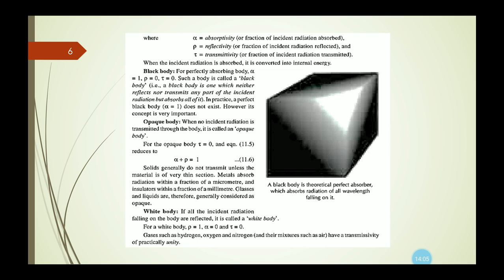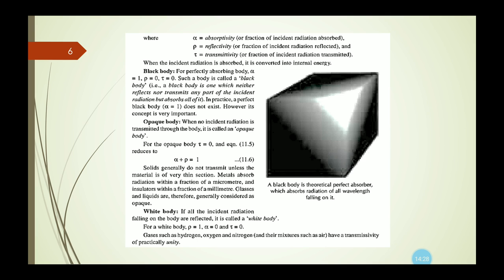Now solids generally do not transmit unless the material is of very thin section. The metals absorb radiation within a fraction of a micrometer and insulators within a fraction of a millimeter. Glasses and liquids are generally considered as opaque body. Next, white body.